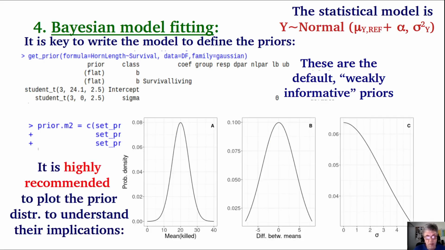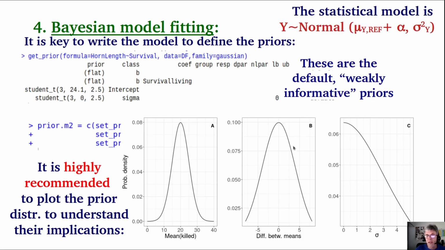So the priors that I defined show that I expected the mean of the reference group, the mean horn length of the kill group, to be centered at the most likely value of 20, and I expect as many values lower than the mean as values higher than the mean, and that 95% of these potential values be between 10 and 20.